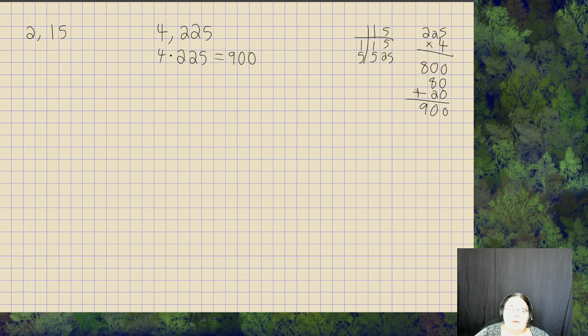Okay, 8 and 4. Let's see what we get from that. 8 times 8 is 64. 4 times 4 is 16. Let's see, 64 times 16. This is convenient because these are both members of that doubling sequence.